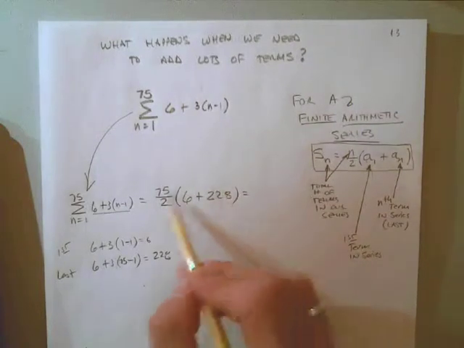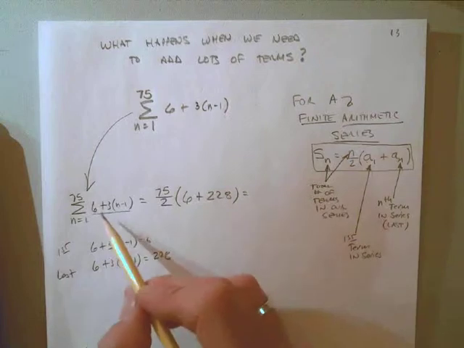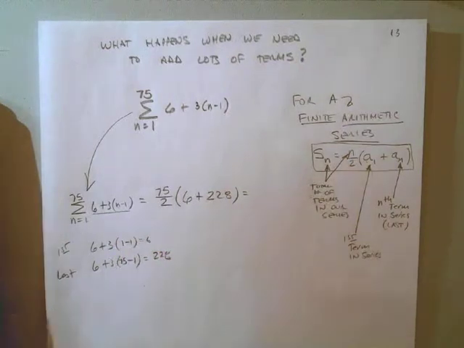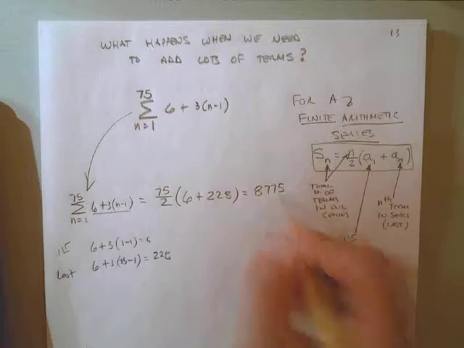So now we can plug that in. And if we evaluate this, we'll know what the sum of this series is. My calculator's off the side of your screen, but 6 plus 228 times this fraction 75 divided by 2, and we get 8,775.